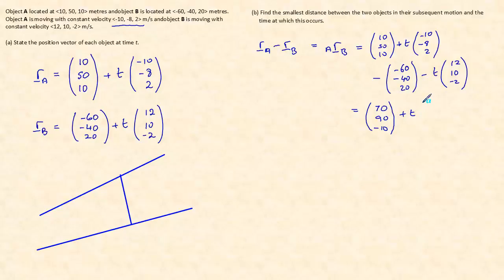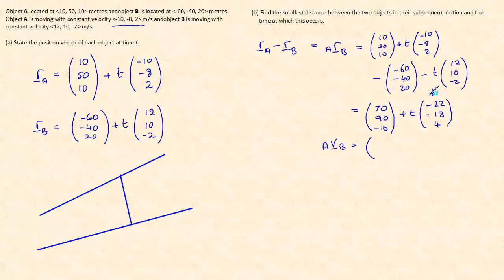Then we're going to want t. So we've got negative 10, take away 12, negative 22. Negative 8, take away 10, negative 18. And 2, take away negative 2, would give us 4. From there, we can read off the relative velocity.